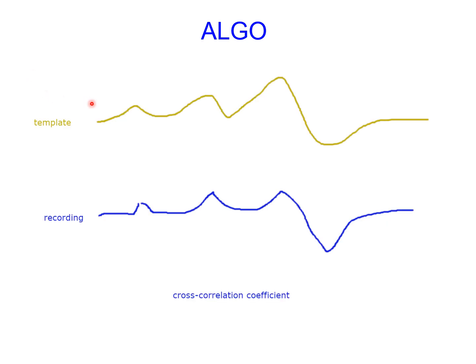This figure shows some drawings to illustrate how ALGO works. It's actually very easy and straightforward. On top is a template obtained from the same age group as your participant, and this template shows the averaged ABR waveform obtained from that age group. Whatever age group it is, say the ABR waveform looks like this.